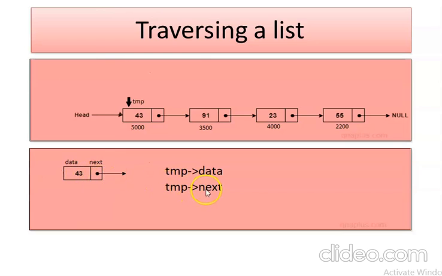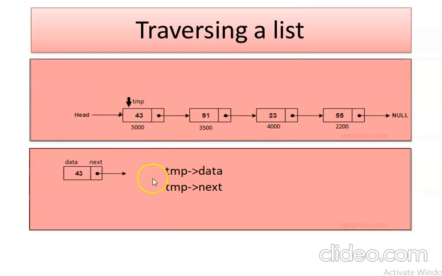So we should use the name of the node first, then put an arrow, then use the name of the member. These are the members, data and next. For all the nodes we will have two members like this. This one is data, this one is next. Here also this one is data and this one is next.